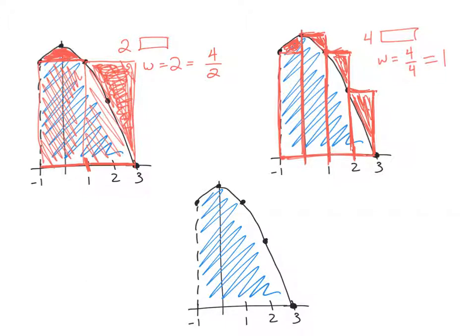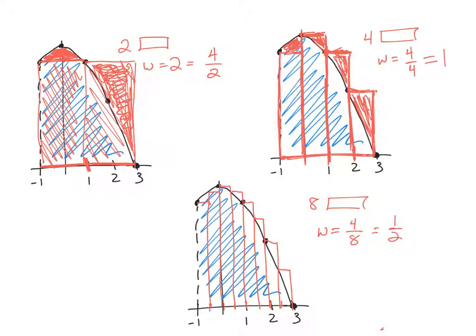All right, let's try it one more time with 8 rectangles. When you do it with 8 rectangles, and you are looking at equally spaced intervals along the x-axis, you'll get something that looks like this.